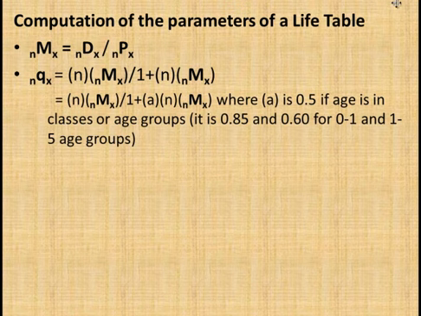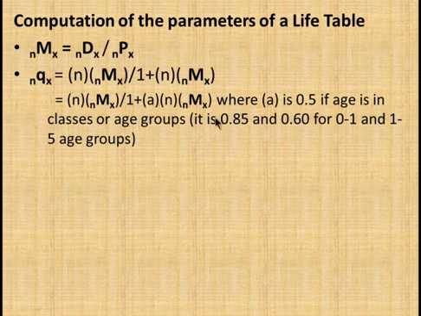Where a is 0.5, we are assuming that people in an age group die midway. So that's halfway as they are finishing their age group.